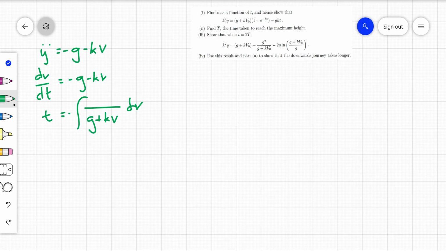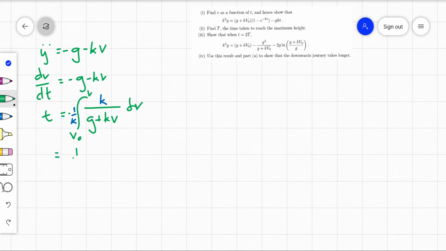All right, and then you can see to balance it, or to make a log, I need a k here, so therefore I'm going to put a 1 on k out the front. All right, also, where is it going from? It's going from an initial velocity v0 up to a velocity v.